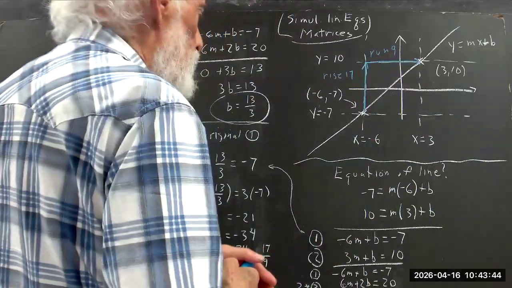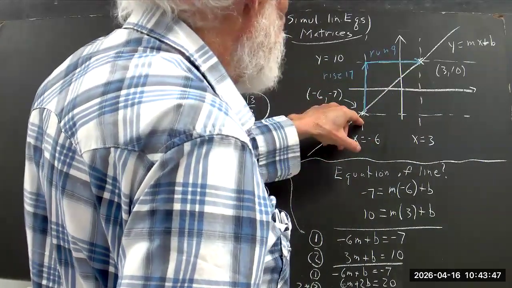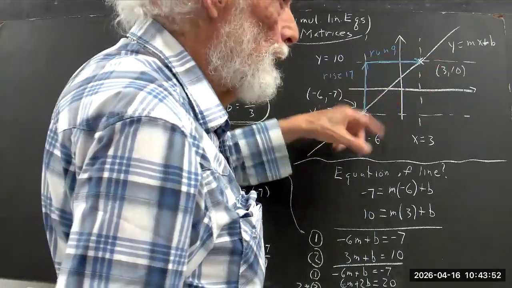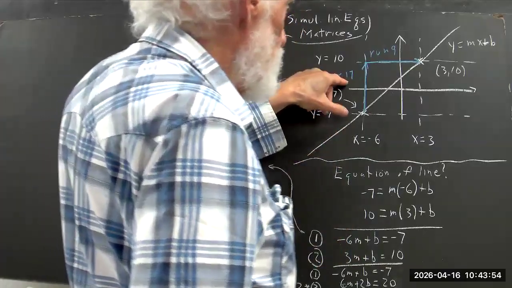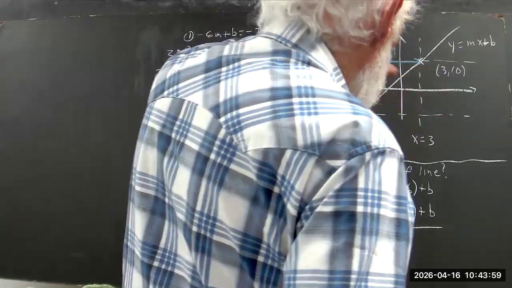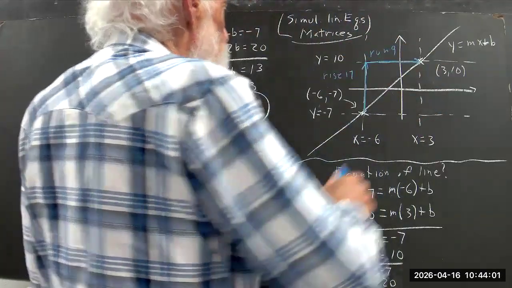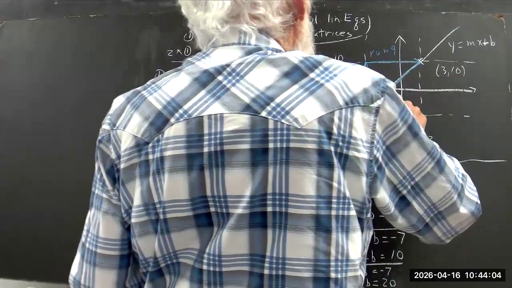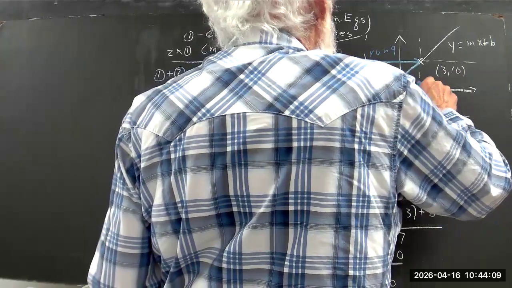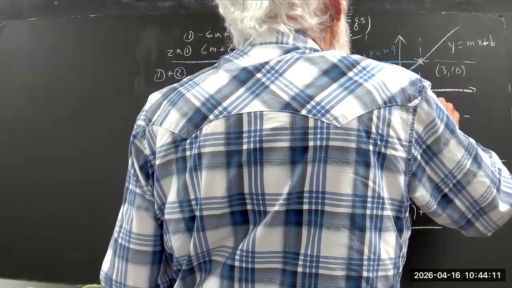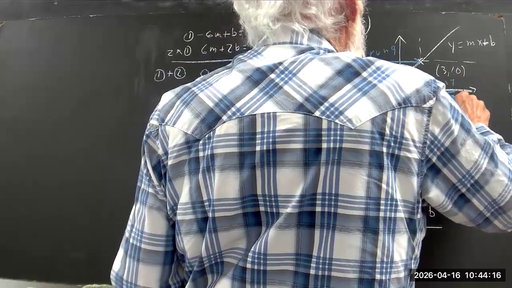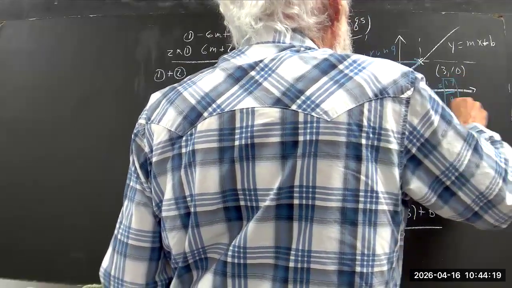So again, if I start at my first point, -6, -7, and go up until I'm level with the second point, that's my rise. That's 17. And if I then go from that point straight over to my second point, I see the run is 9. So the slope equals rise over run, which equals 17 over 9.